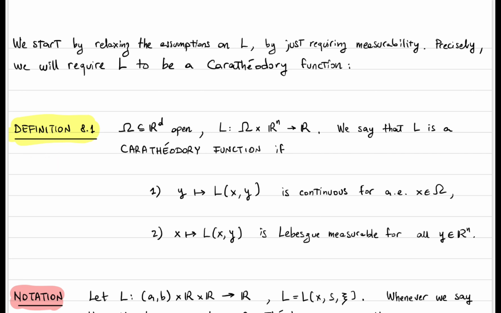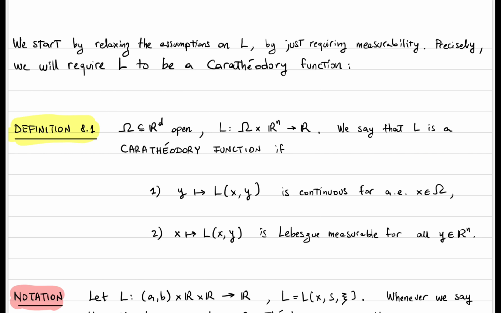So a Carathéodory function can be defined as follows. Let Omega in R^d be an open set, and L a function defined from Omega times R^n into R, where n here is generic and different from d a priori, so they can be different.